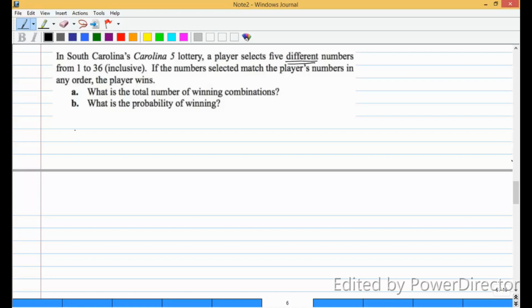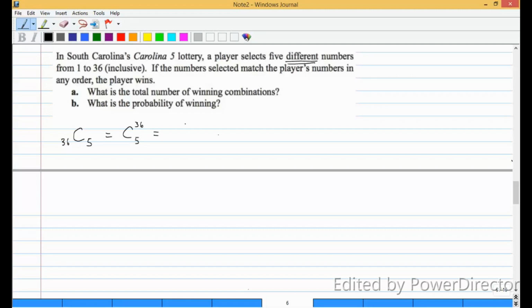So the combination is 36 C 5, or the way your book would write that is C sub 5, with a superscript that looks like 36. It's not really an exponent, but it's written in that place.